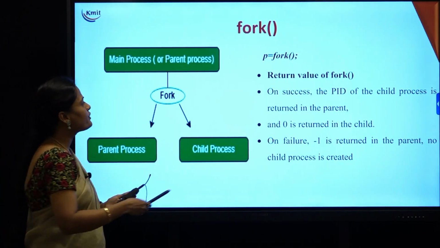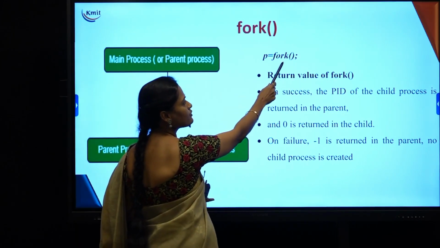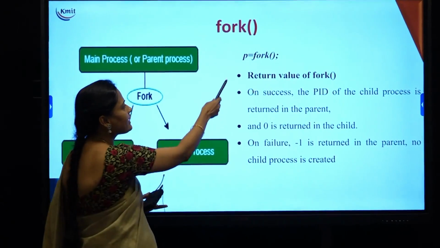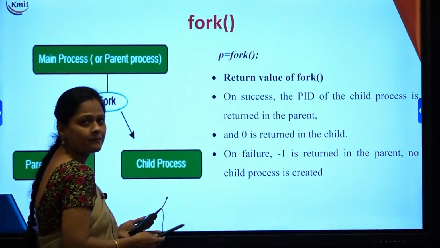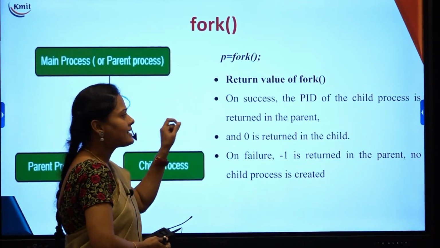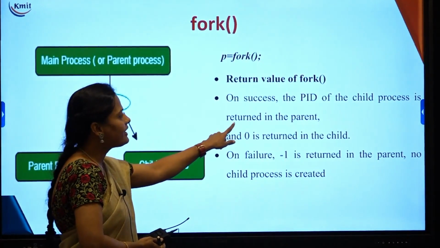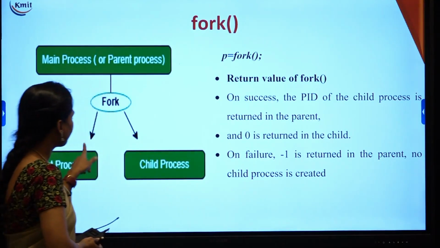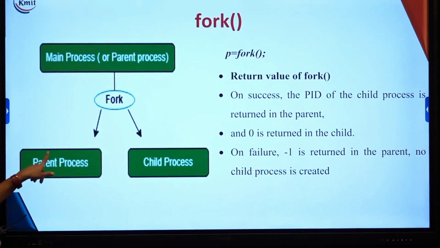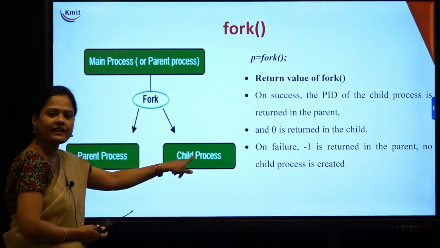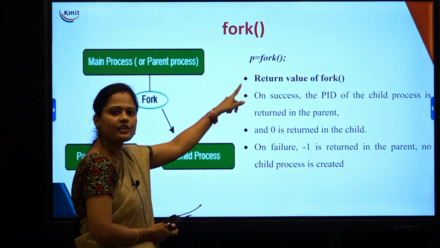And the syntax of using fork is P = fork(), where P is nothing but an integer value, which we can even call a PID. So, after executing this particular operation, P will contain a value. If the value is greater than 0, it is your parent process, and the ID of your child process will be present in P.